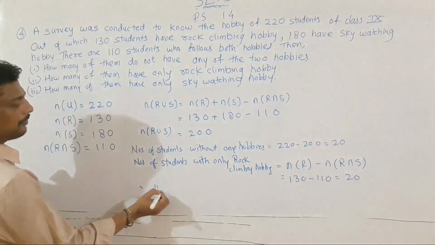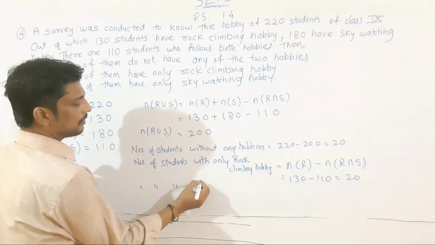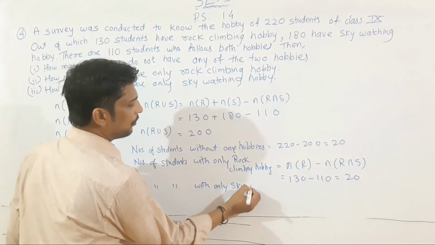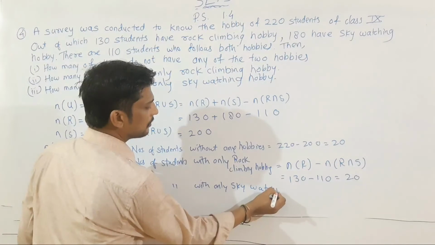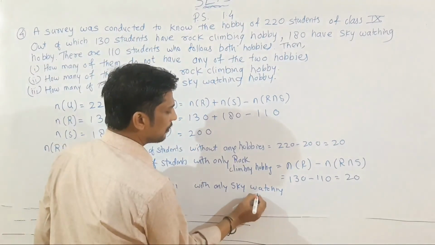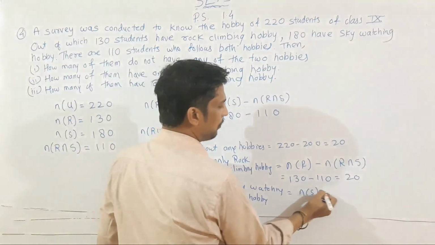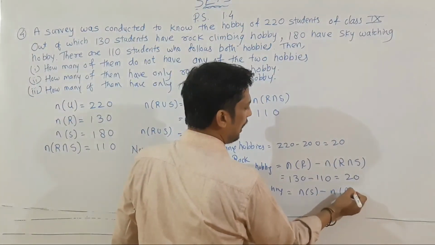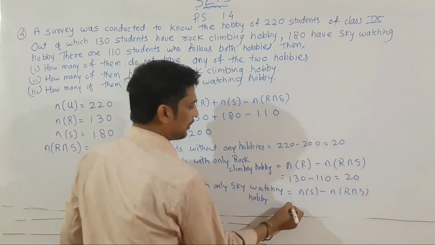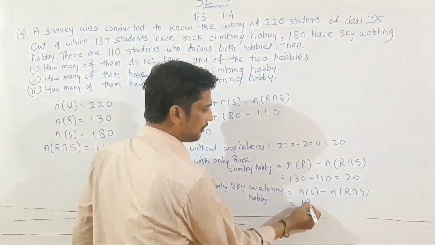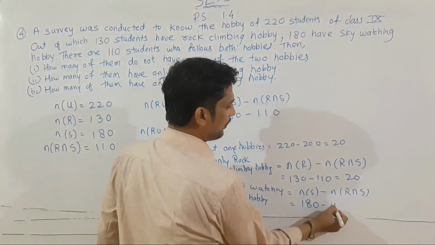Similarly, number of students with only sky watching hobby, that is equal to n of S minus n of R intersection S. Sorry, what is n of S? That is 180 minus 110.